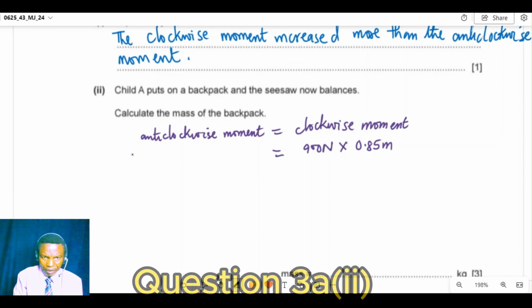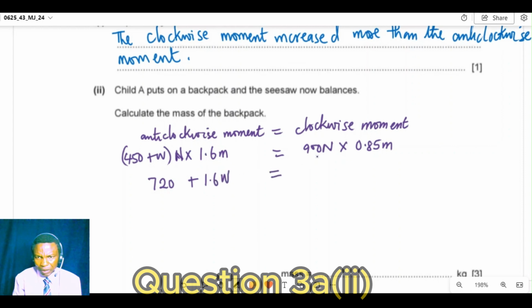So we have 450 plus W Newton times 1.6 meter. So if we work out, this is 720 plus 1.6 W. And then this will now be 765.